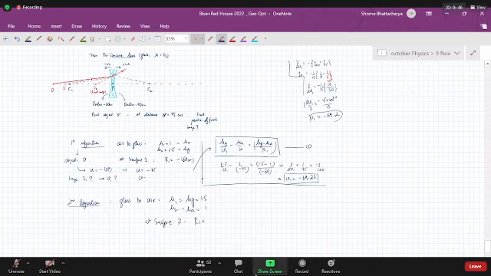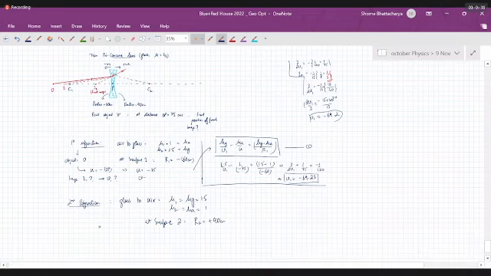So the radius R2 we'll have to take as plus 90 centimeters. And for this the object will be I1. So the object distance we should write as V1, and the image I2. So V is equal to V2, but that becomes the final image.